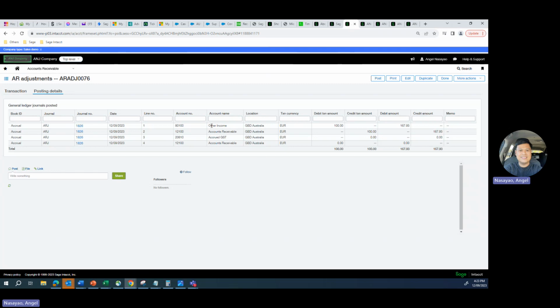But this should be credited basically, because this is not an actual adjustment. We just process the adjustment to offset their invoice. So we have to cancel any posting against this account when you process the payment through the journal.